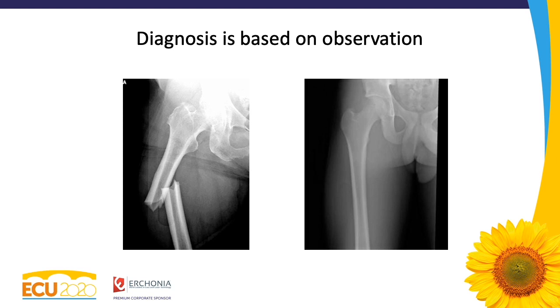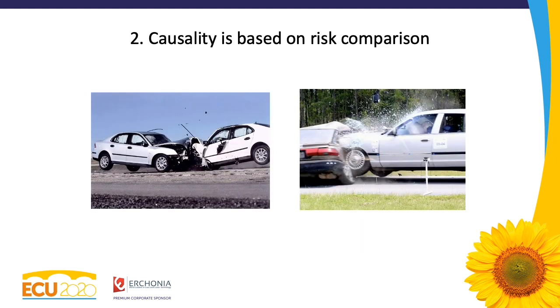But if I told you that the person who got the broken leg was in an intersection car crash, and they were hit by two different cars and they lost consciousness, so they don't know which car crash caused the injury. So let's say we have first the frontal crash here on the left, and then we have the side crash on the right. And I said, which crash caused it? You can't tell that by looking at the x-ray. You can't tell that by looking at the cars.